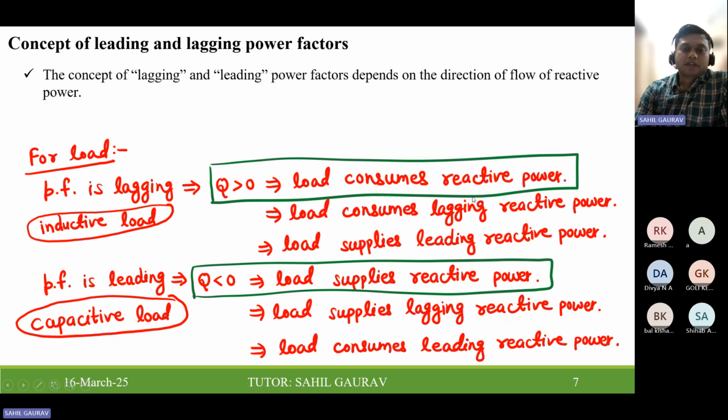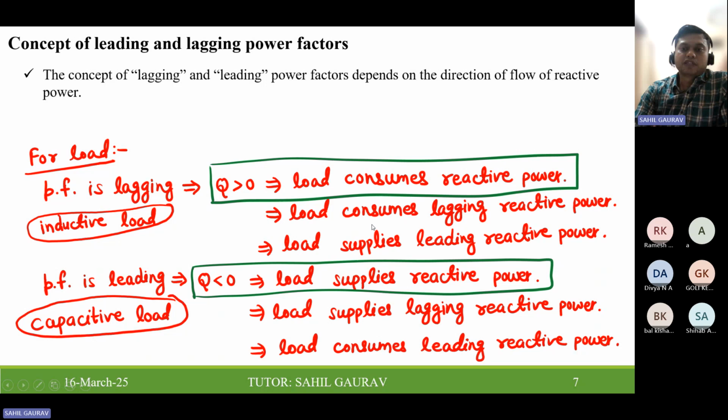The principle behind a load is that it consumes. So if something is positive for a load, it consumes that thing. Here Q is greater than 0, that means the load consumes reactive power. And if nothing is written, then by default you should assume that it is lagging reactive power.